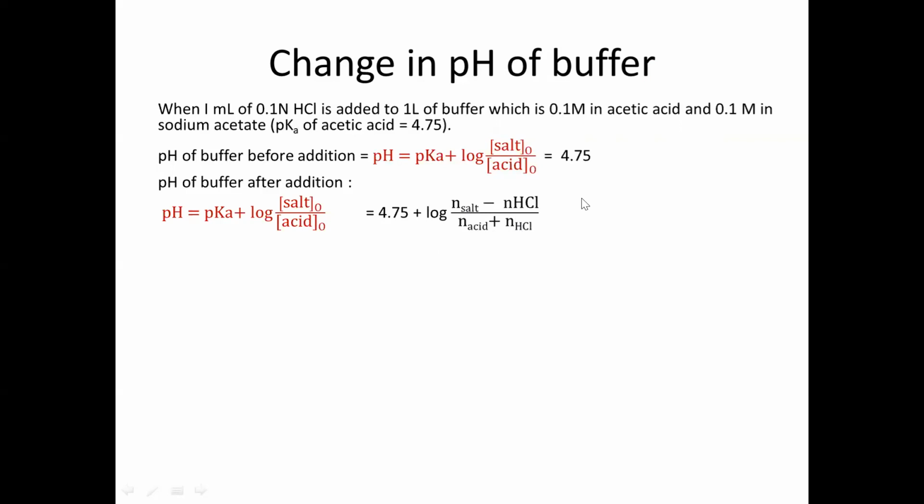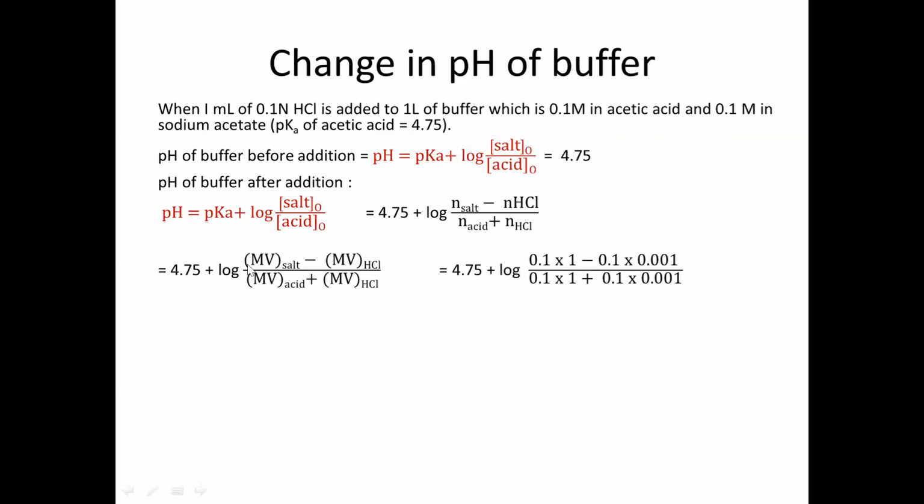You know that if you know the concentration and the volume, you can calculate the number of moles as M into V. We know that molarity is number of moles upon volume, so number of moles is equal to molarity into volume. So what is the molarity of salt initially? We had 0.1 molar sodium acetate in 1 liter of water.